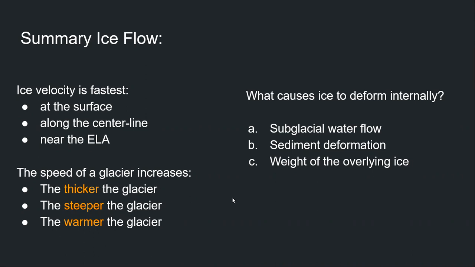The speed of a glacier increases the thicker the glacier is, the steeper the glacier is, and the warmer the glacier is. Thicker because you have more material that's being pulled down by gravity. And that's the reason, by the way, why valley glaciers are usually fastest at the ELA, because that's the point where you have the most amount of material upstream that's pushing down.